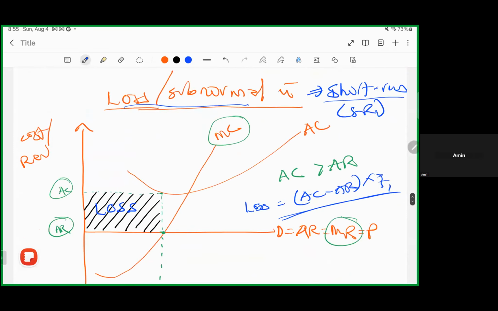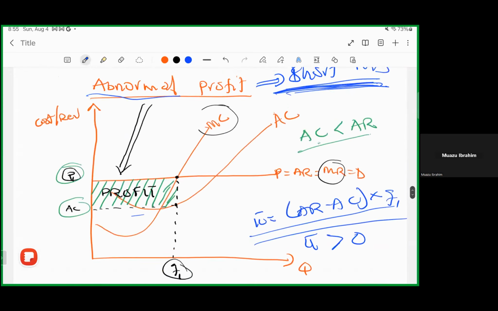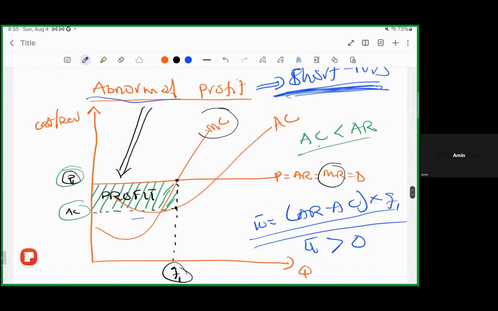So with regards to this question, are you going to illustrate it with a profit diagram? No, you don't have to draw unless I ask you to draw. So what type of profits are they making? Abnormal profit. And when do firms make abnormal profit?